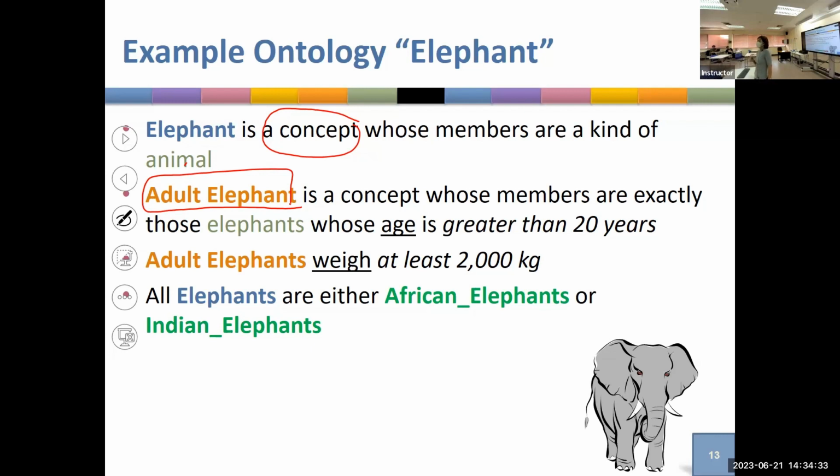Back home, Thailand, what is the age for adults? 18 or 20? You're not sure, or you want to give two answers? Okay.